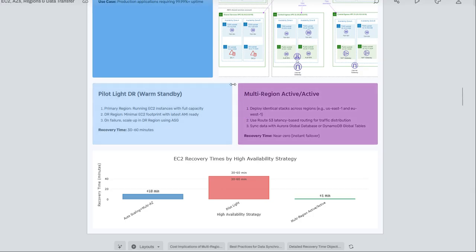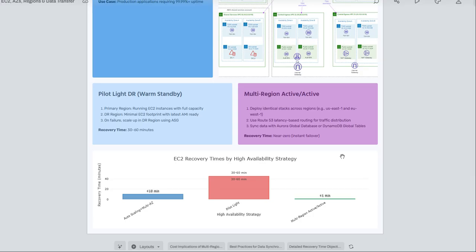And then another option, but this might be a more costly solution. You deploy identical stacks across regions. So you put US East 1 and EU West 1, right? One region you put the same thing in as another region.